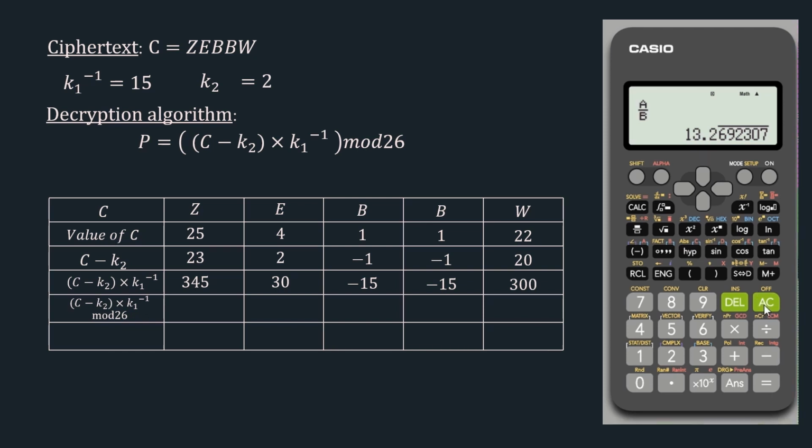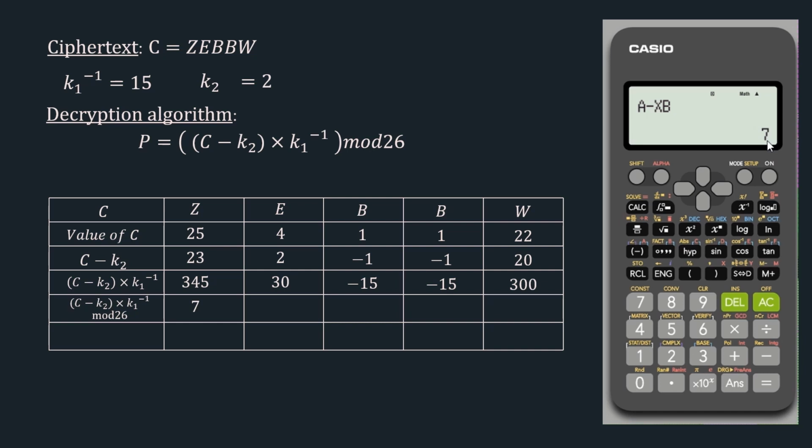Now we will use the second formula, that is A minus X into B. The value of A is 345, value of X is 13, and value of B is 26. So we get the value 7. So 345 mod 26 gives us 7.